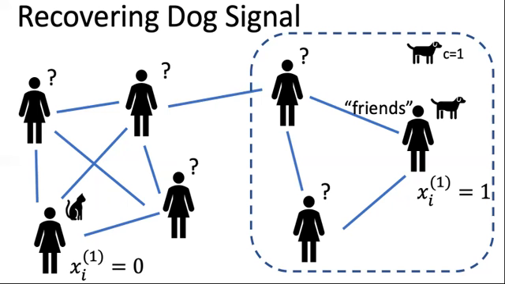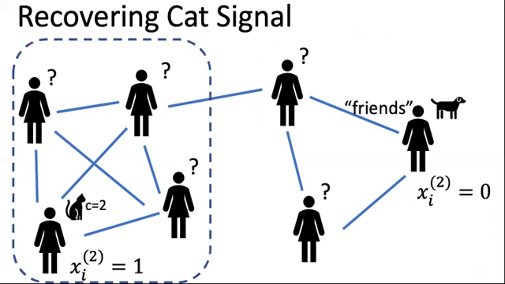Whereas for some persons for which we know that they are not dog persons, which means cat persons in this simple example, we set the signal value to 0. And then learning the block amounts to recovering the entire graph signal or indicator signal for the dog persons. And we do the same completely independently for cat persons. So we have to recover the indicator signal for the cat person cluster.